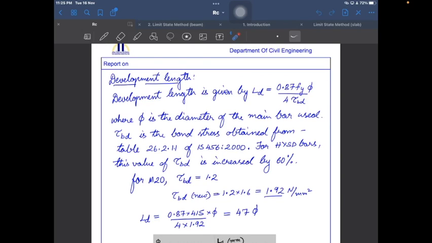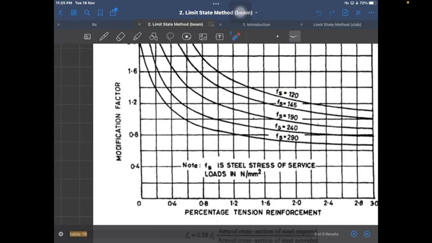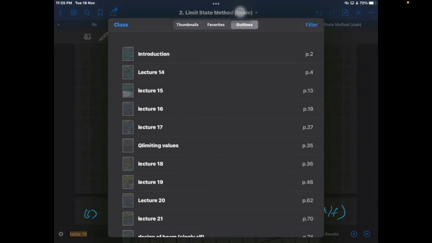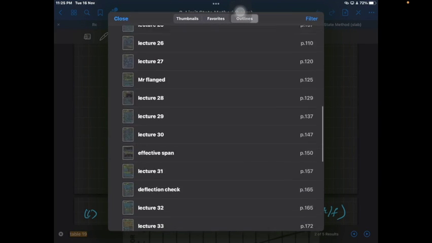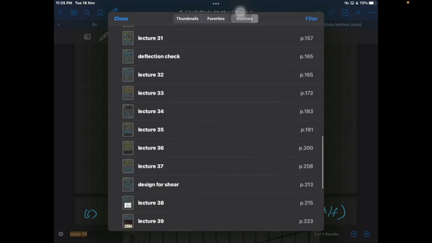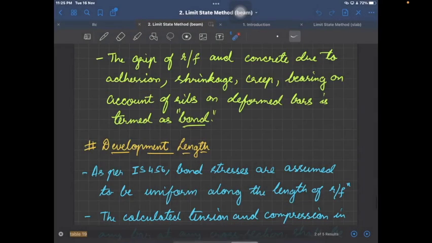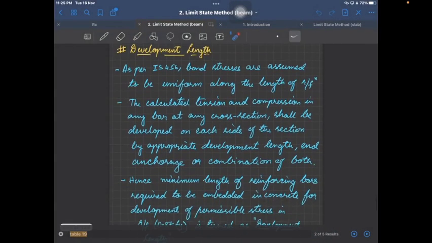Development length. This is the development length criterion.